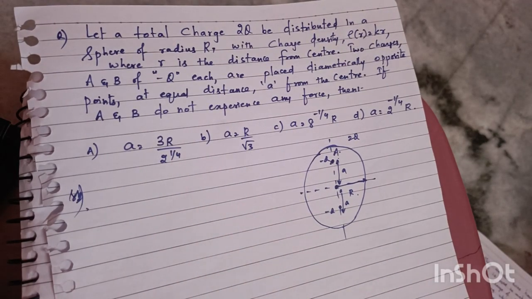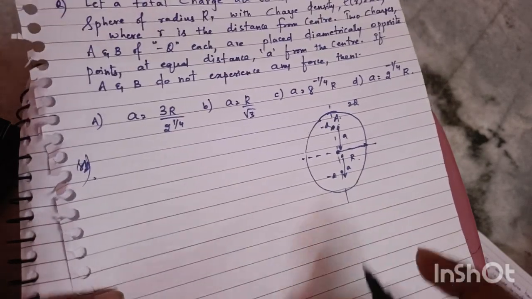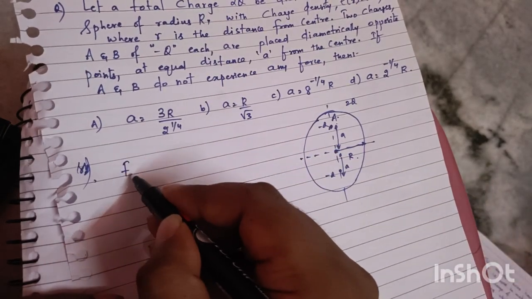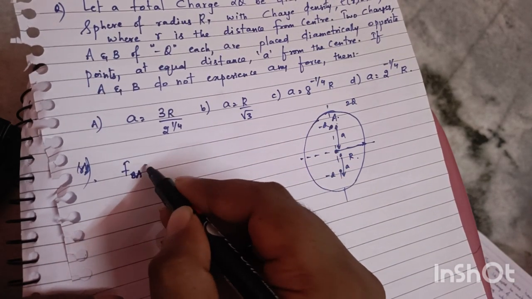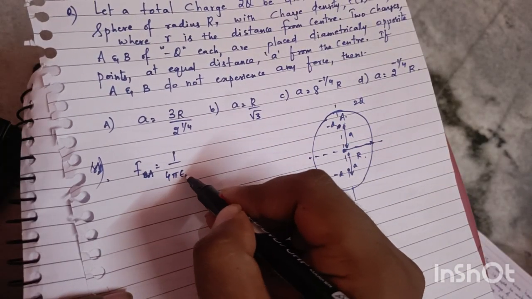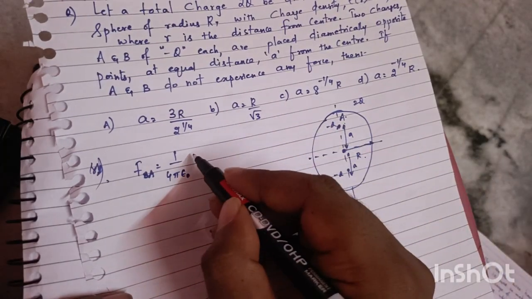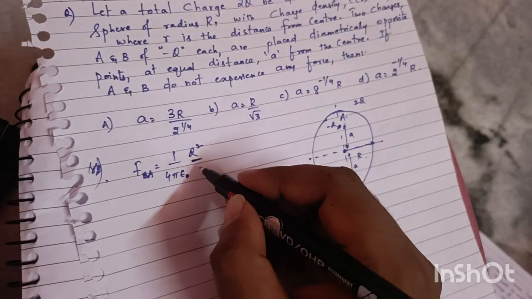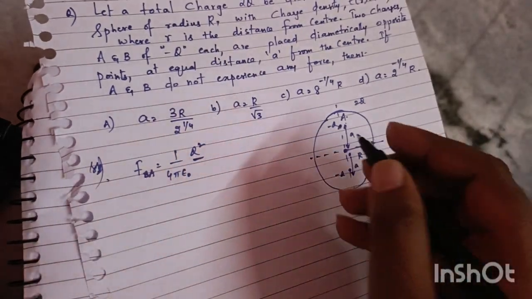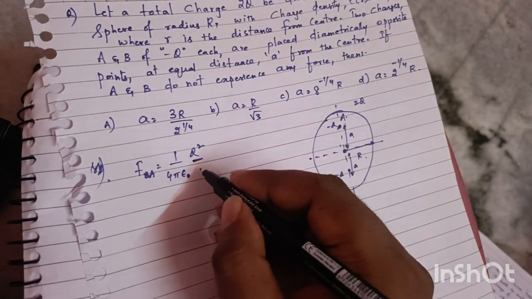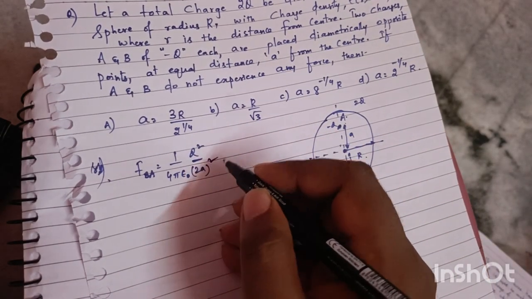That's what they've asked. So if I compute the force due to charge B on A, that will be 1 by 4 pi epsilon naught, that is k, times q1 q2, both are minus q, so q square, by r square, the distance between them. This is a, and the total distance is 2a.